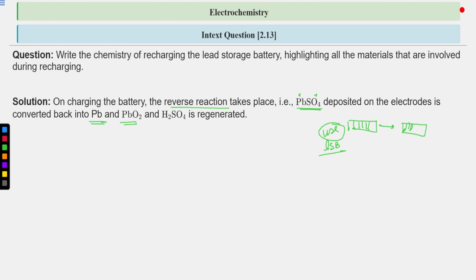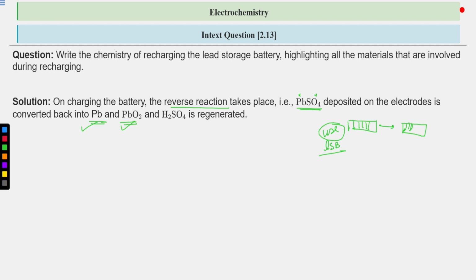But after the using of the battery, when you charge it again, the reverse reaction will happen. Okay, that means the lead sulfate, which is deposited on the electrodes, is converted back to the lead and the lead oxide.